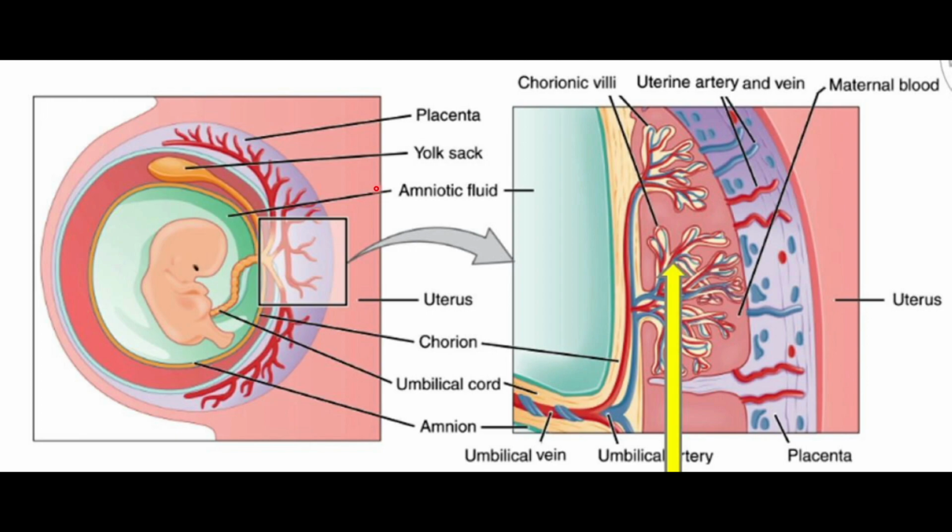So you can say that placenta is a structural and functional unit between the fetus and the maternal body, that is the mother's body. Fetus is nothing but the developing embryo.